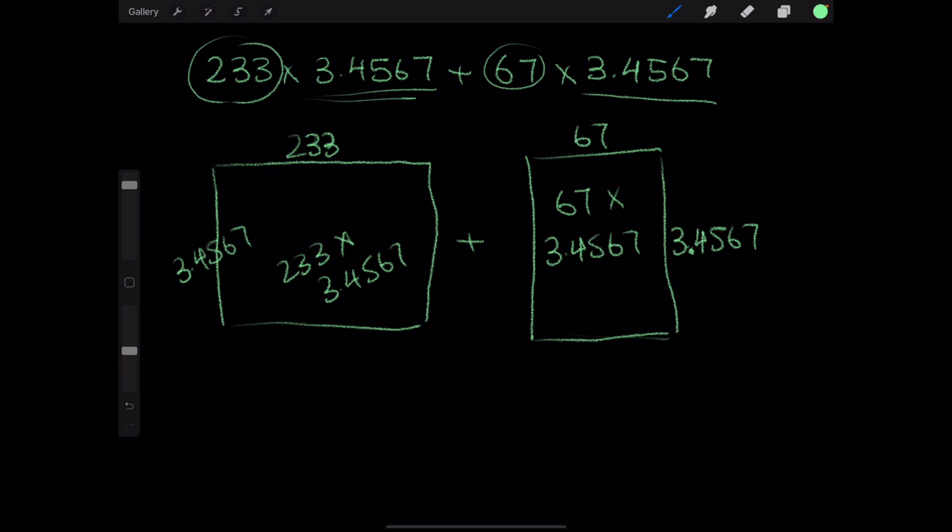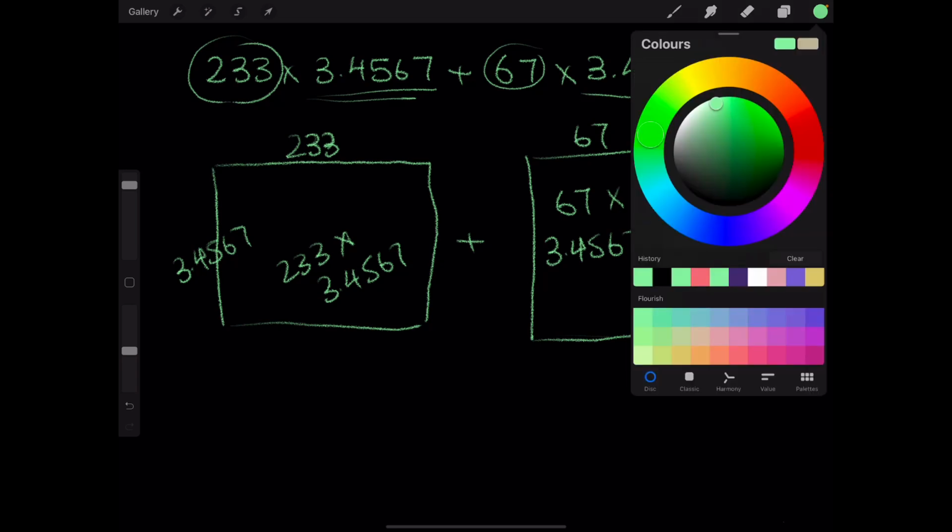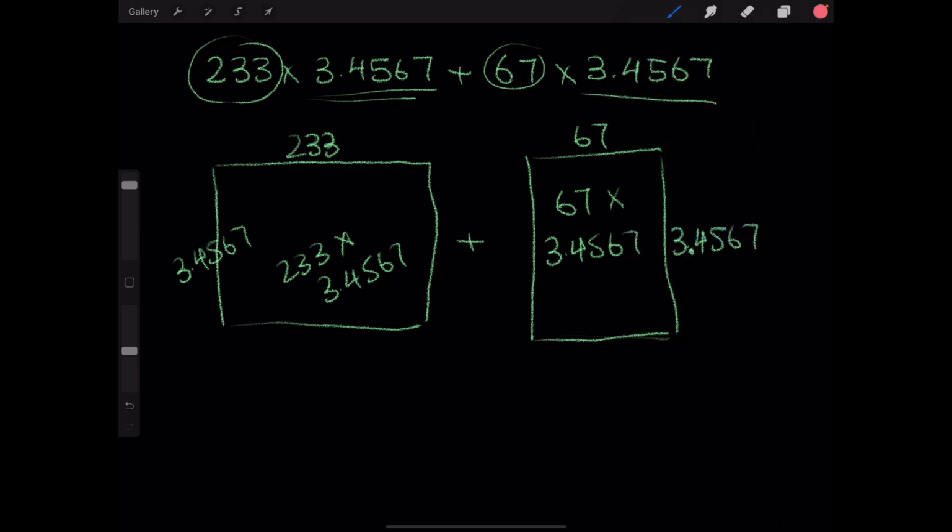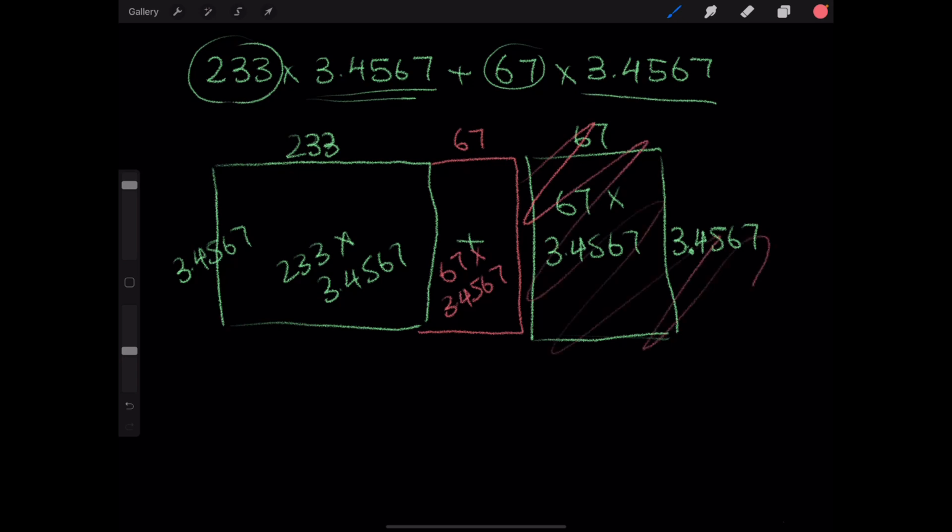So I'm going to shuffle this one over. I'll do it in a different color. We're going to add it onto here. 67. And if we think of that as just being 67 times 3.4567, that still makes sense, doesn't it? So we don't need this one anymore. Now, what does this area model show us that we're actually trying to figure out?